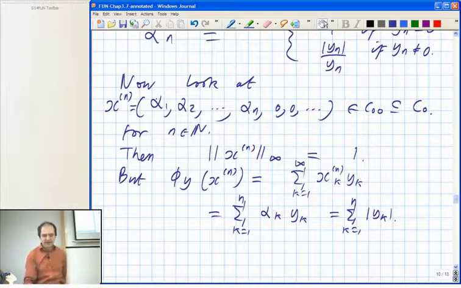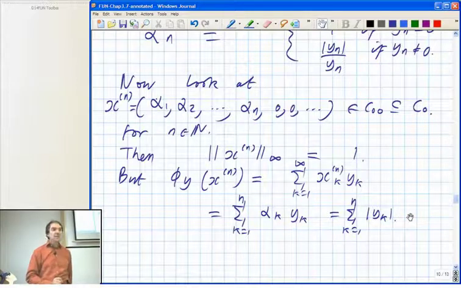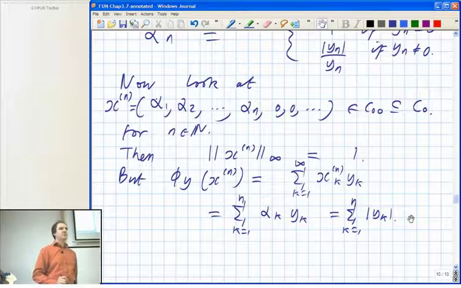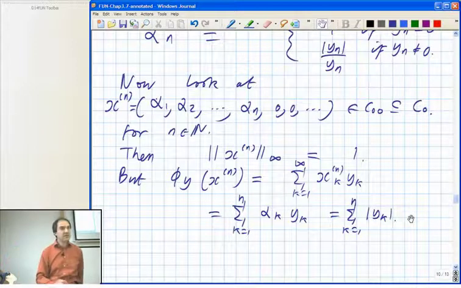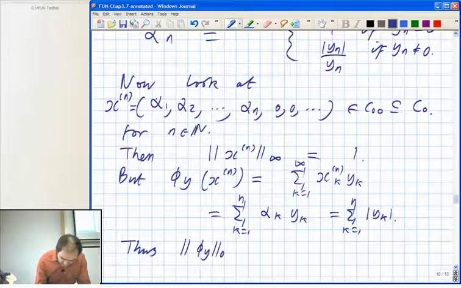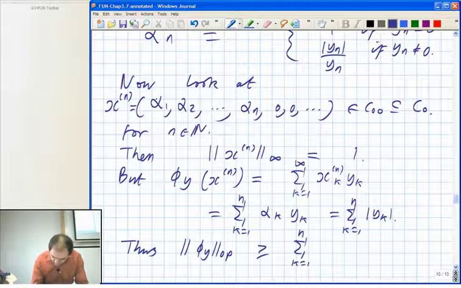What do I conclude from that? I've got, for each n, an element in C0 whose norm is 1, and the image is this non-negative real number. The conclusion is that the operator norm is greater or equal to this finite sum. So the operator norm of phi y is greater or equal to the sum from k equals 1 to n of mod yk.